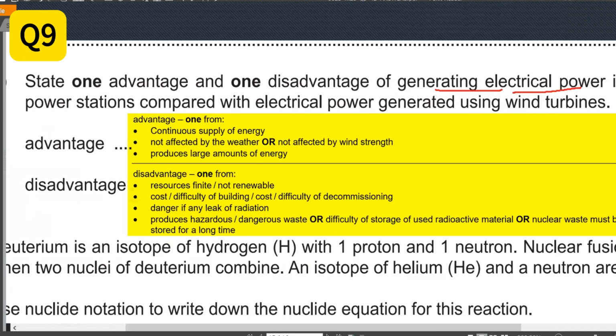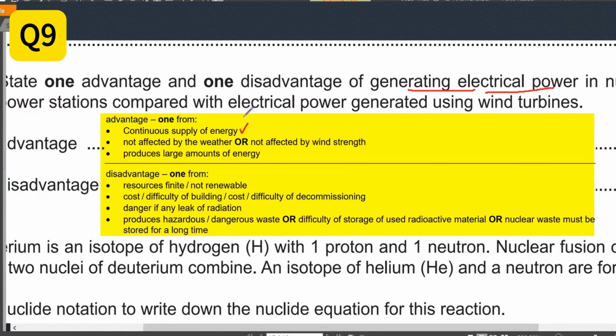Advantage: continuous supply of energy. Essentially, if we keep adding the nuclear reactants, then the nuclear reaction will keep going. We can get a continuous supply of energy, not affected by weather, not affected by wind strength.